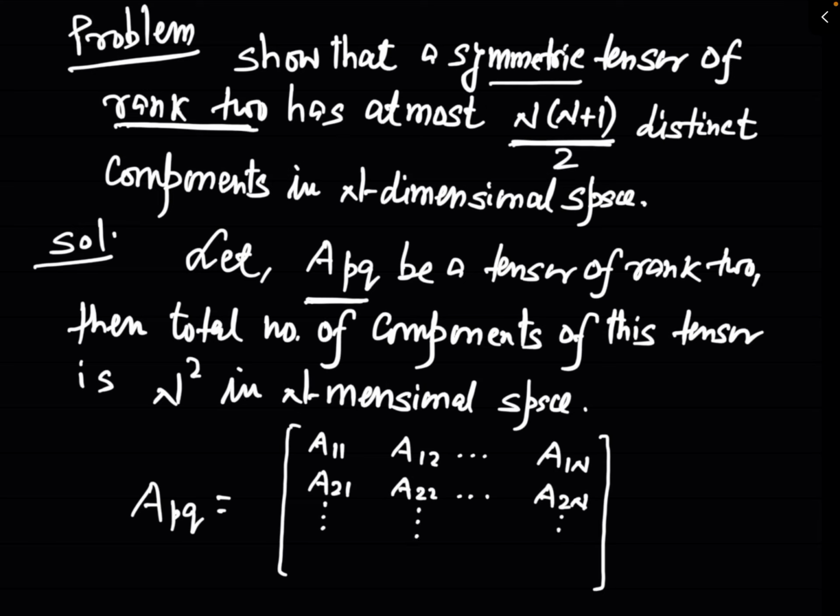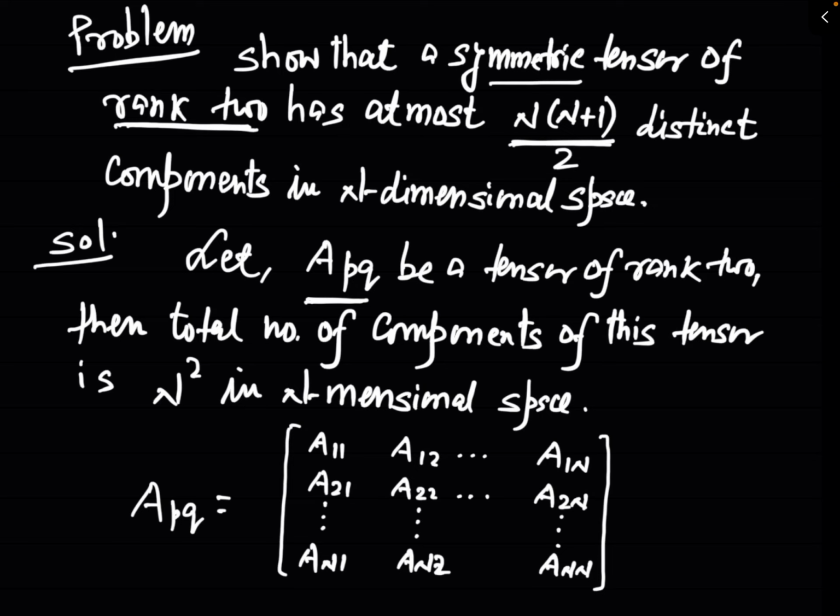And similarly, An1, An2, and so on, Ann. These are the n square components.